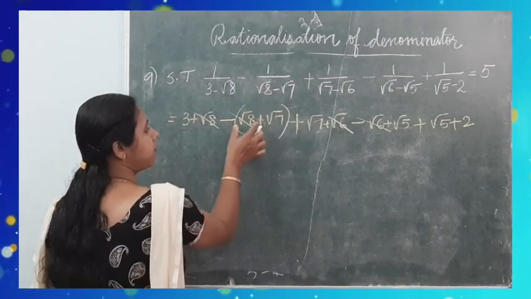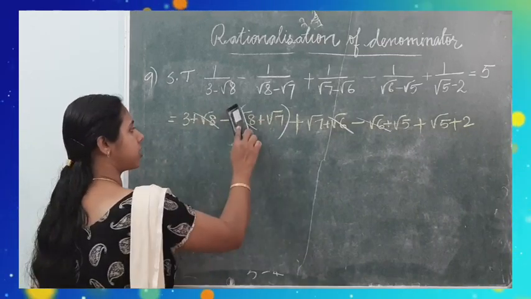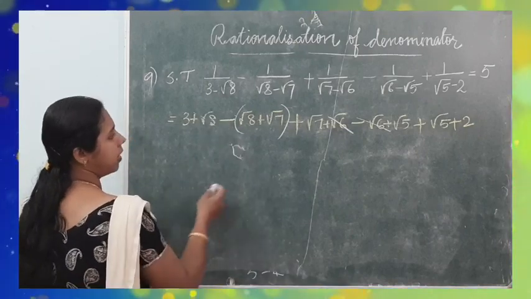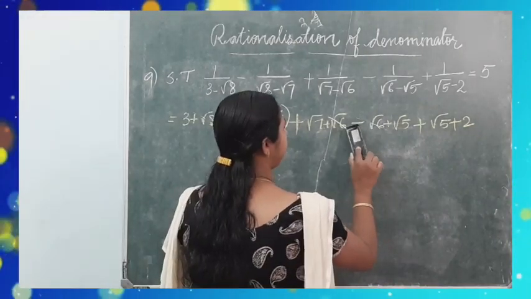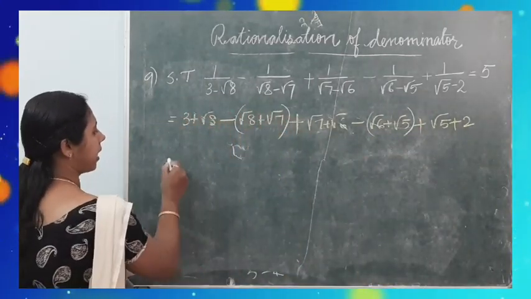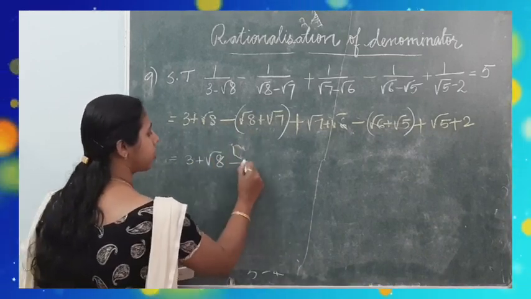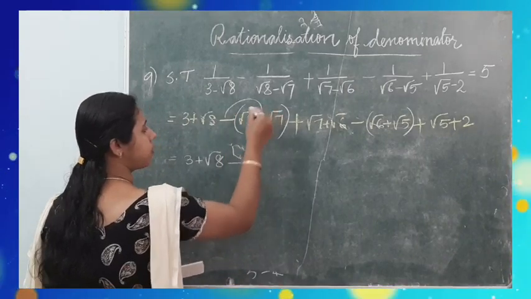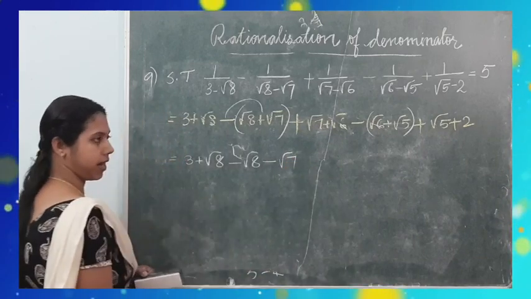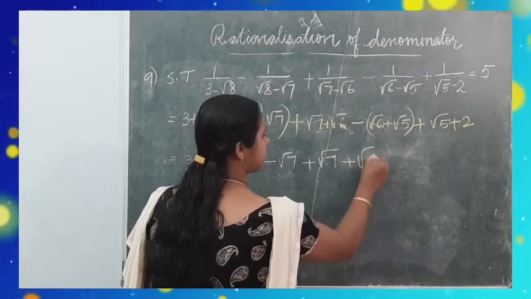After a subtraction, if there is more than one term, you should put it in brackets. So open the bracket: 3 plus root 8 minus root 8, negative into positive is negative, root 7 plus root 7 plus root 6.